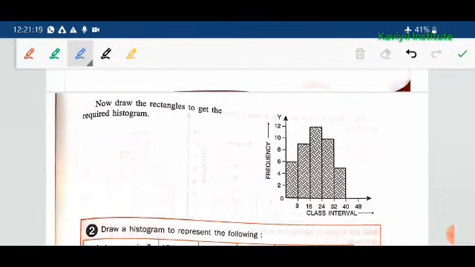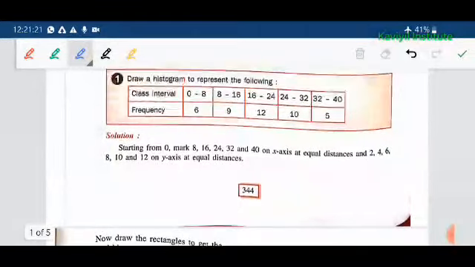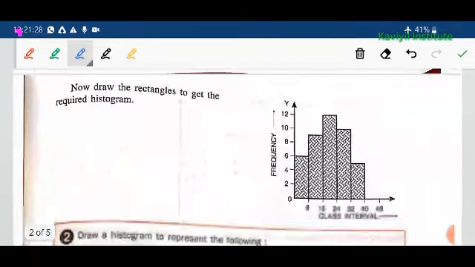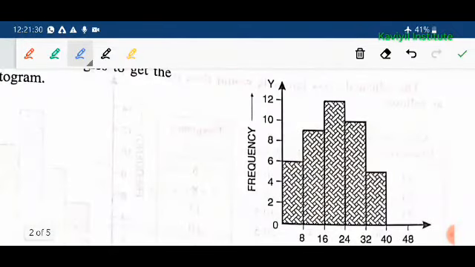Now for 0 to 8, what is the frequency coming here? For 0 to 8 the frequency is 6, and for 8 to 16 it is 9. Just observe here, 0 to 8 we have marked as 6.